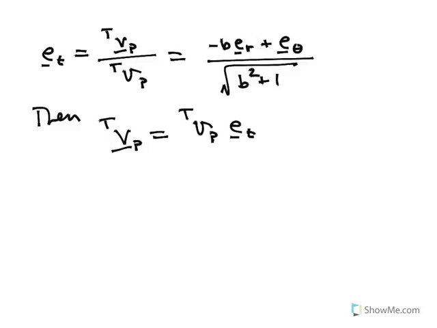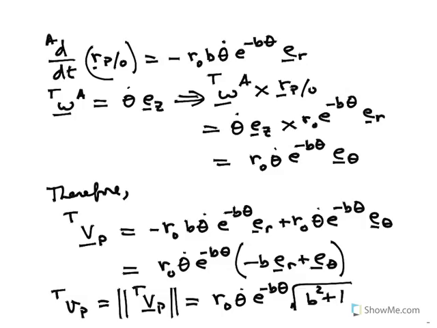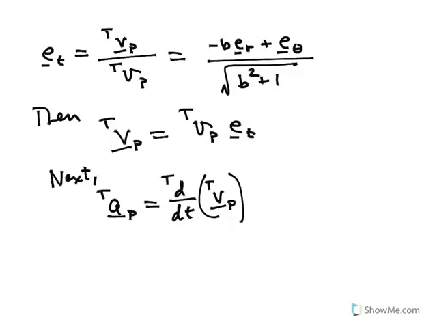We know that the acceleration of this point P, as viewed by an observer fixed to the track, is equal to the rate of change in the track of the velocity as viewed by an observer fixed to the track. But the tangent vector is expressed in terms of a basis that's fixed in reference frame A, and we're ultimately going to have to take rates of change of that tangent vector in reference frame A. But for now, let's do this.